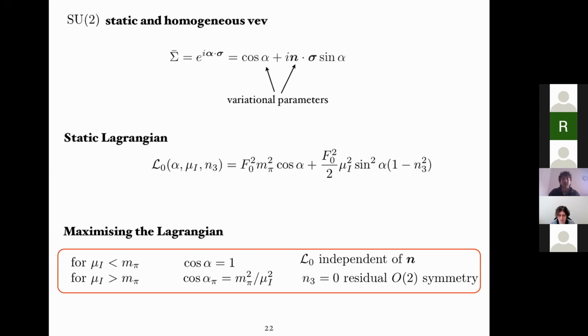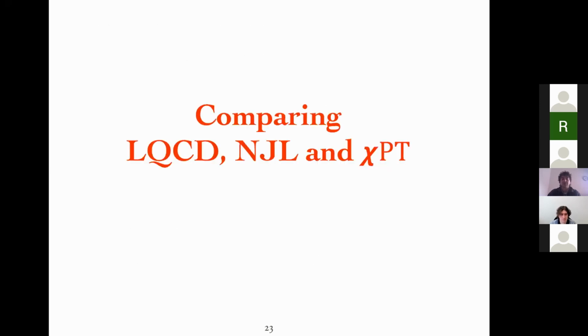For mu I equal to m pi, there is a change of symmetry from the normal phase to the broken phase, where you have a residual O(2) symmetry, which is exactly the direction spanned by the Nambu-Goldstone boson. This expression can be computed very, very quickly, and it gives us exactly what we were expecting to get.